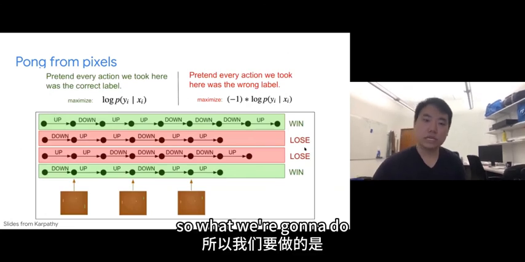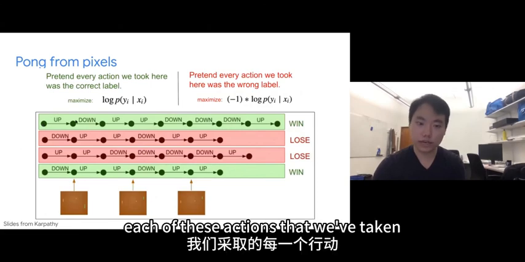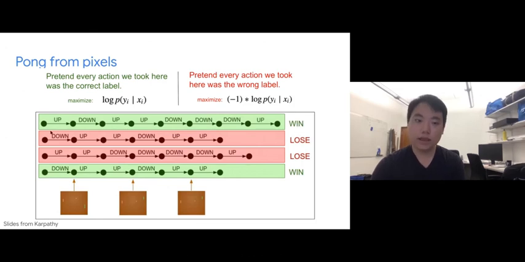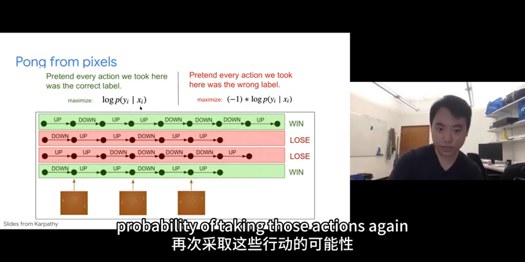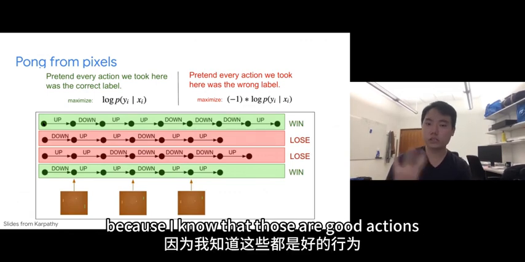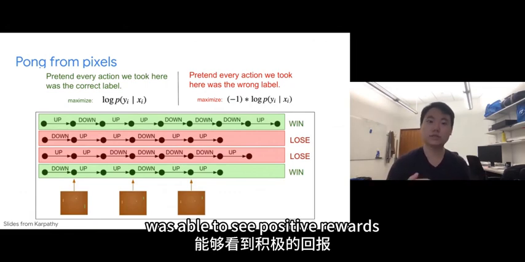So what we're going to do is pretend that we give equal credit to each of the actions that we've taken across this trajectory where we've won. For each of these actions, I'm just going to maximize the log probability of taking those actions again when I see those same states, because I know that those are good actions: having taken them in the past, I was able to see positive rewards.